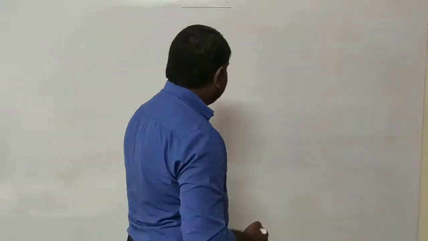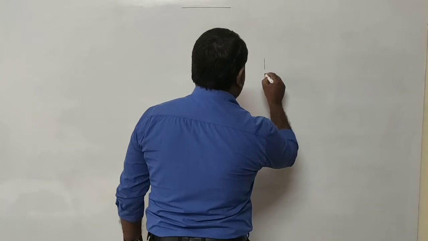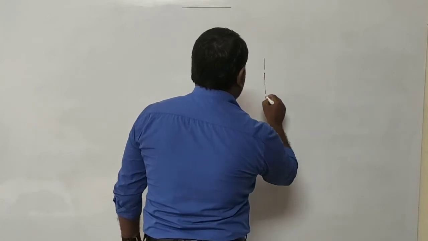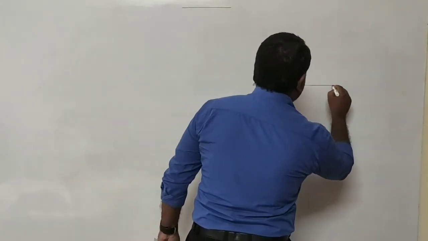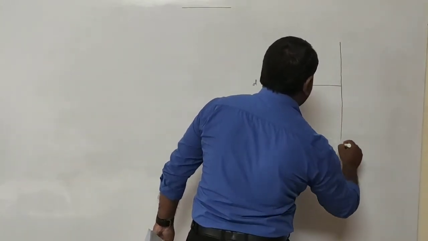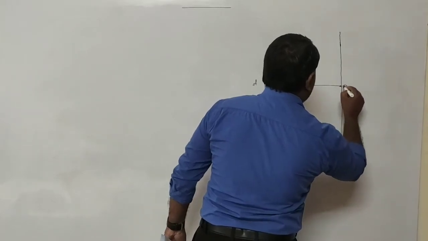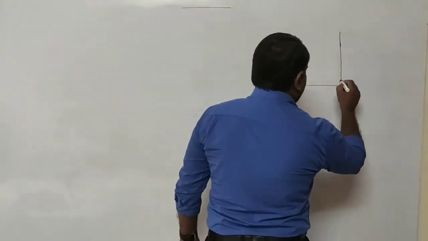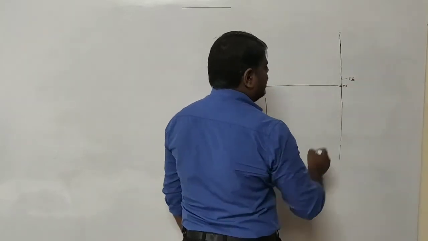Before that, refer to this diagram once. There are two slits here, with separation small d, and this is the screen placed here. Let us say this is the central bright band, which is the first bright band.